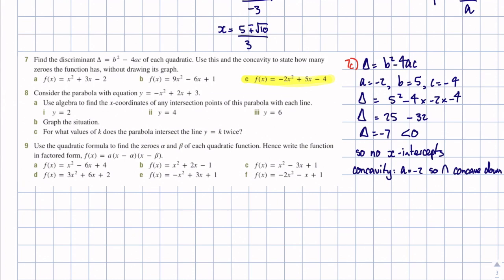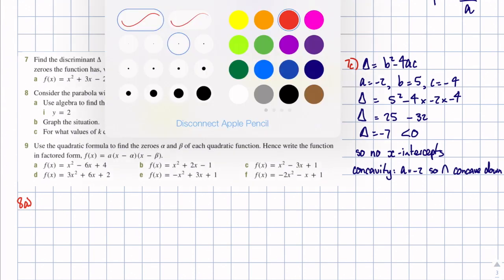Let's now have a look at question 8. We've been told to consider the parabola 8a with equation y equals negative x squared plus 2x plus 3. And we're going to use algebra to find, I'm just going to do 8a number 2, the intersection of that one with y equals 4.